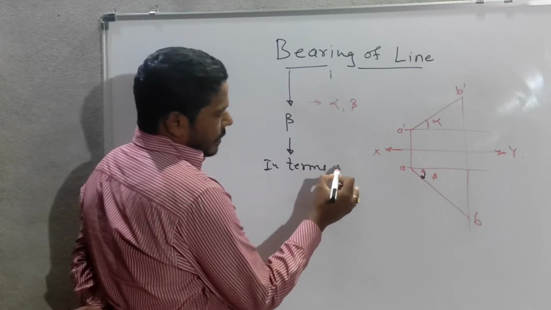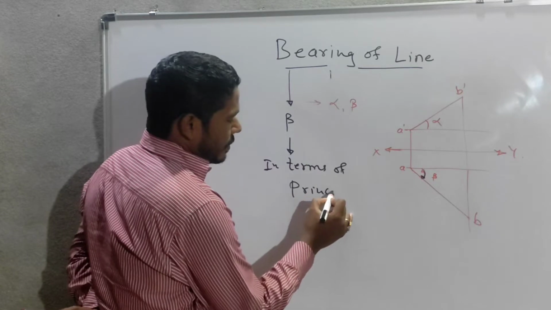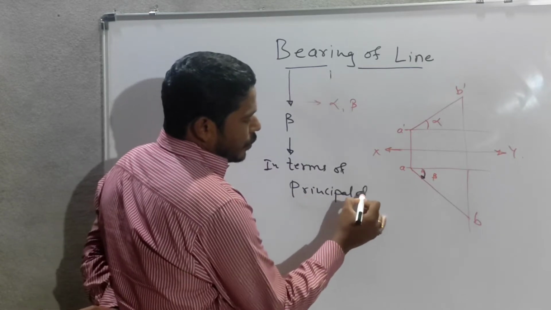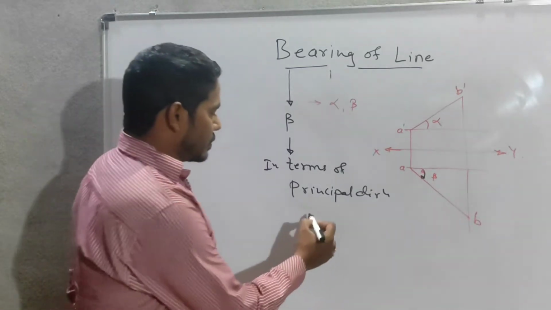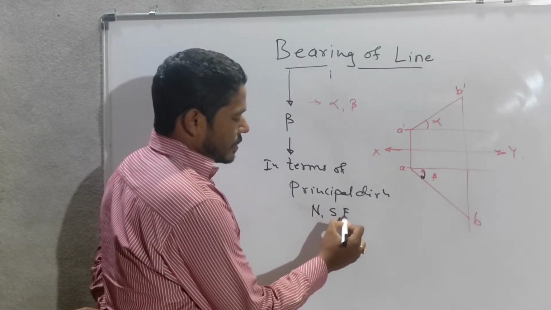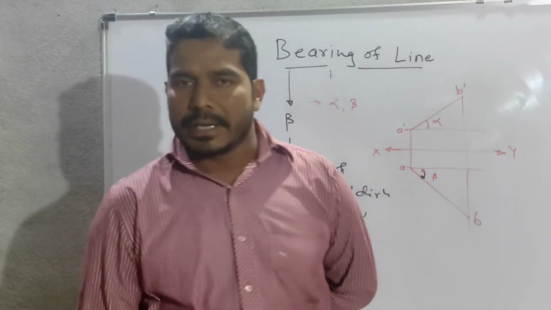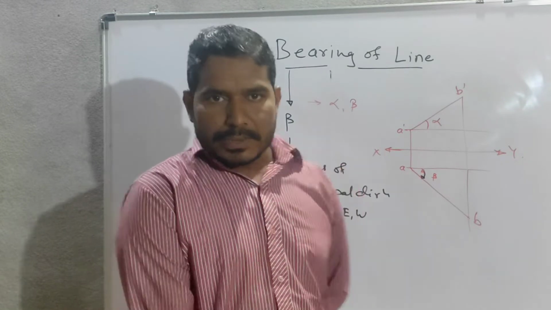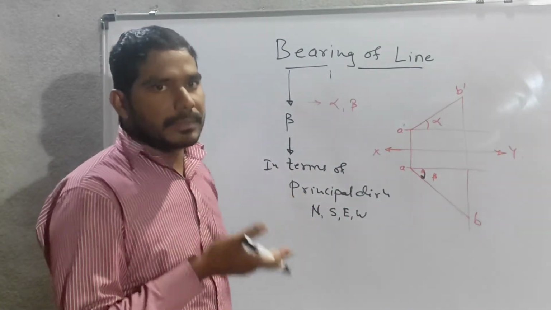Which are those principal directions? We know them: north, south, east, west are the principal directions. The bearing will always be shown in terms of the principal directions.